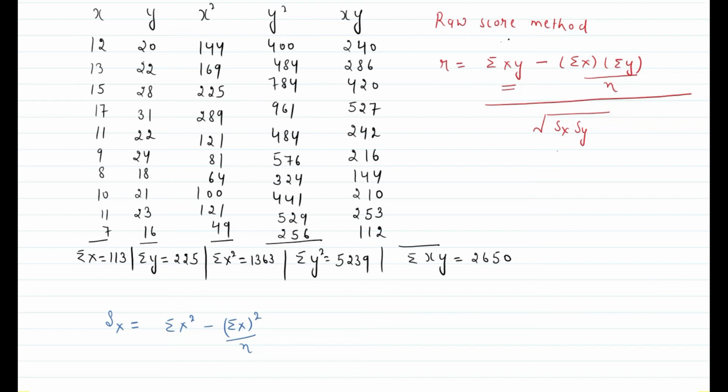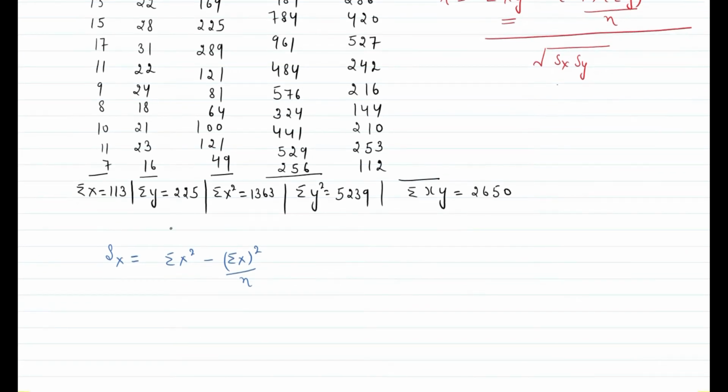So summation of x square is 1363 minus summation of x, that is 113 whole square, and n is the number of data we have in the given series, which is 10.